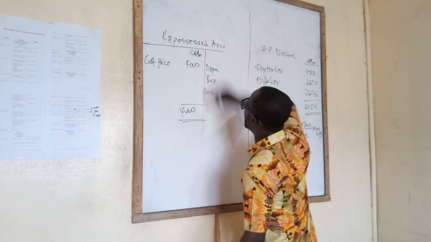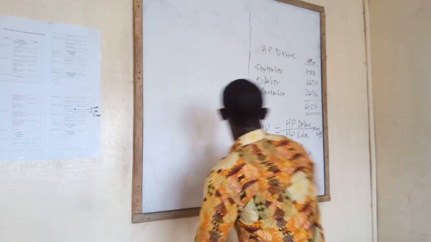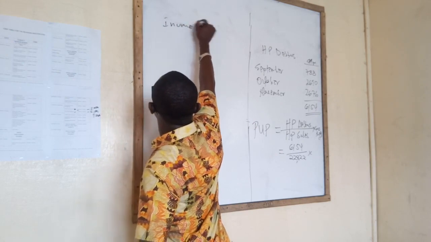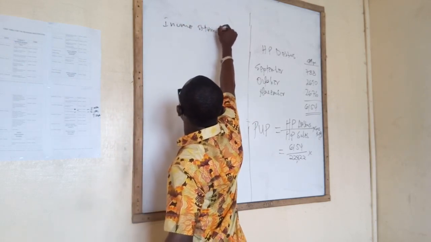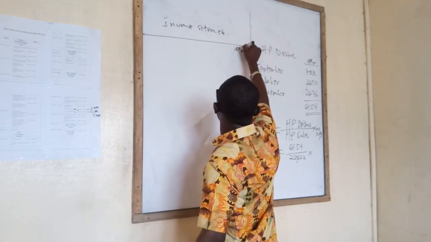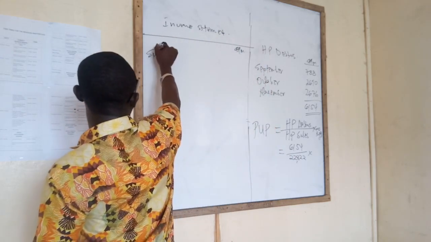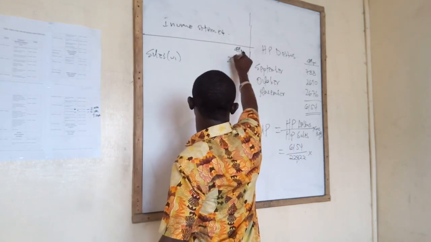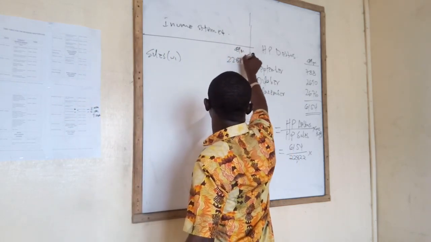Let's prepare our income statement. Let's go. Hire purchase sales. So sales revenue is going to be the hire purchase sales, which you said you got 22822.